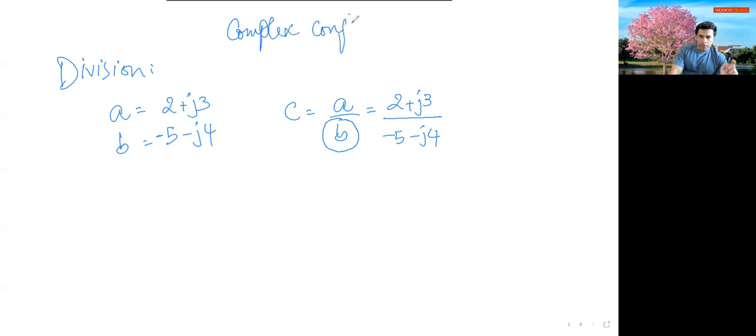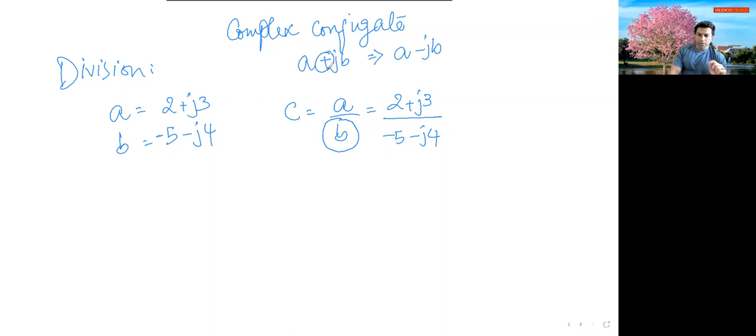Complex conjugate is simply, if you have a number a plus jb, you change the sign of the imaginary part. So the complex conjugate of this will become a minus jb. So you don't do anything with the real part, but only for the imaginary part you change the sign. So if you have a minus jb, you change it to a plus jb.